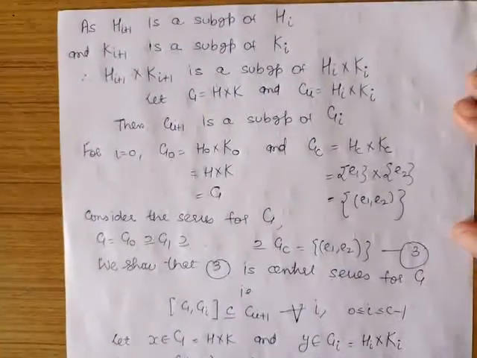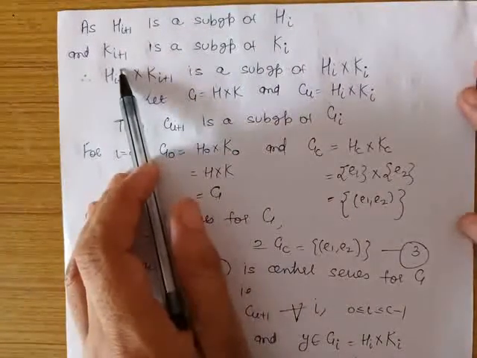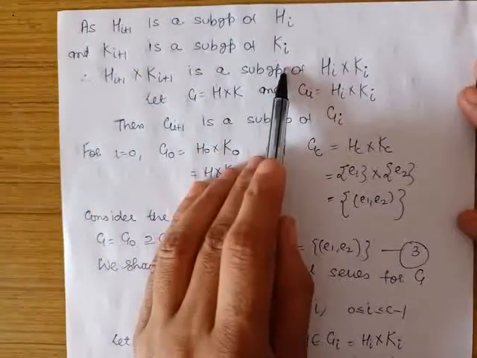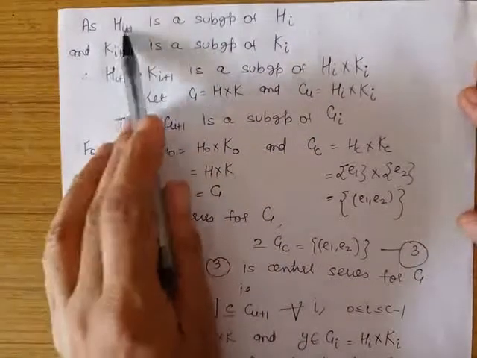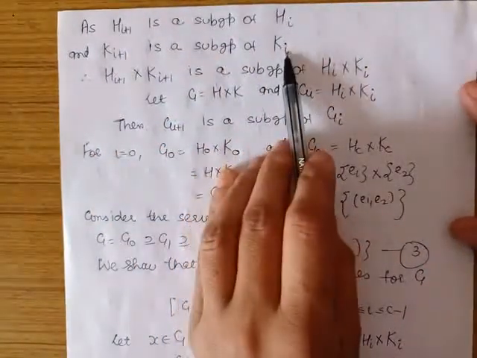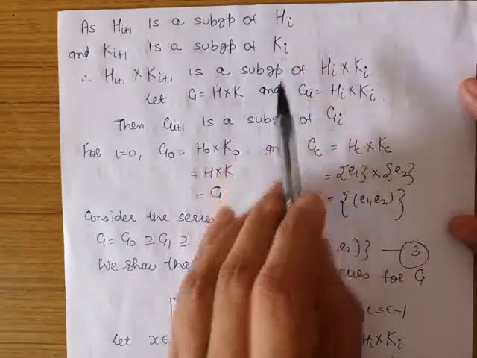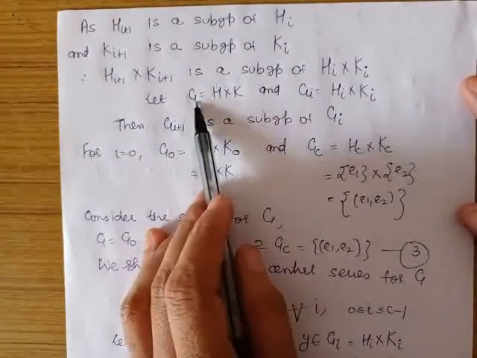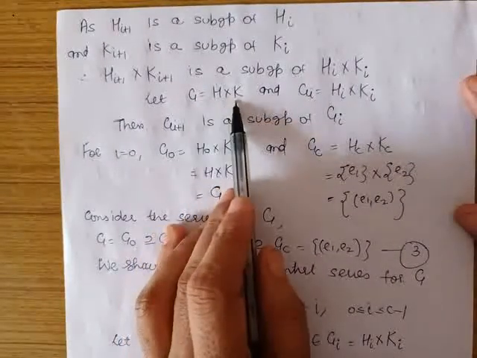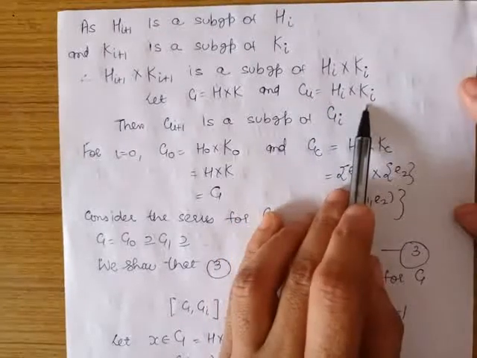Now, because Hi+1 is a subgroup of Hi and Ki+1 is a subgroup of Ki, their direct product is a subgroup of Hi cross Ki. For our convenience, let us take the notations G denoted by H cross K and Gi equal to Hi cross Ki.